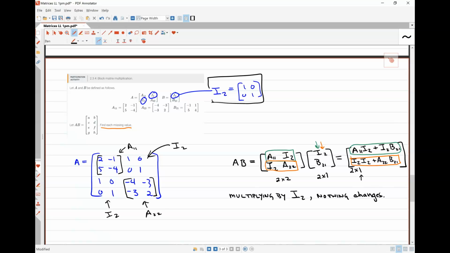So there's no real matrix product to take there. If we recognize this is the identity matrix, it's like if you had 7 times 1, it's just 7, right? So we just have A11 left here. And over here, I2 times B21, again, it's just like multiplying by 1, except for matrices. This is just B21.